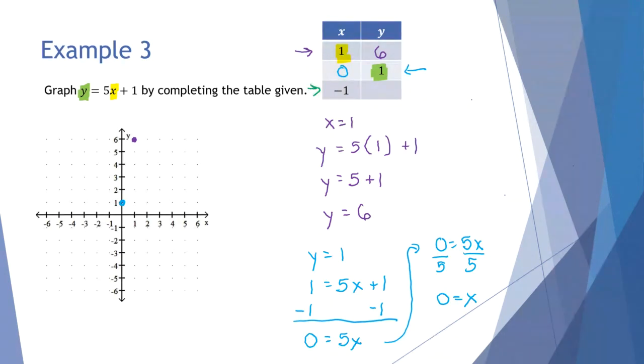Now this last one, they give us an x value of -1. So I actually want you guys to try to figure out this one. So now we have x is -1. So I'm going to replace it with y equals 5 times our x, which is -1 plus 1. When you simplify that, what do you get?